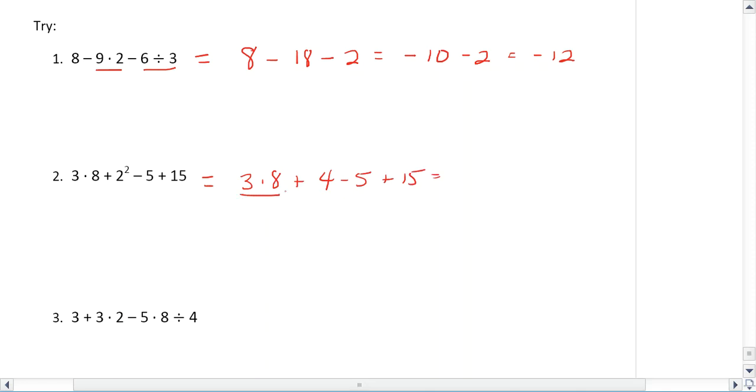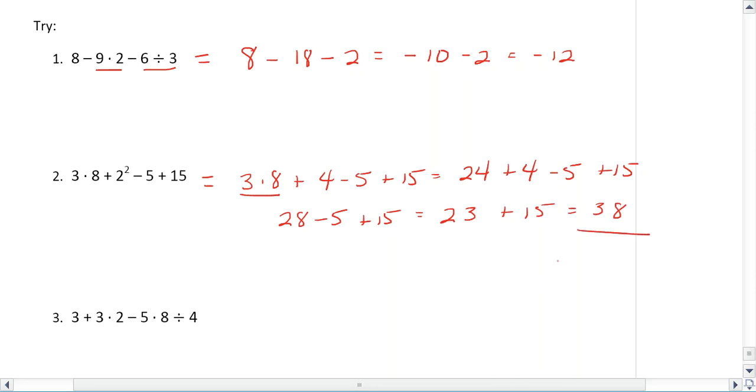So doing this multiply, next, 24 plus 4 minus 5 plus 15. And again, we do these in the order we come to them. 24 plus 4 is 28. 28 minus 5 is 23. And 23 plus 15 is 38. So that's the final answer.